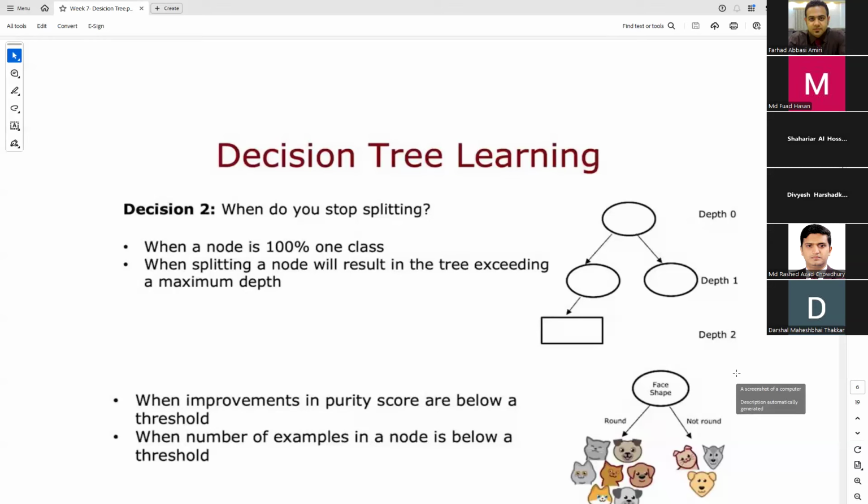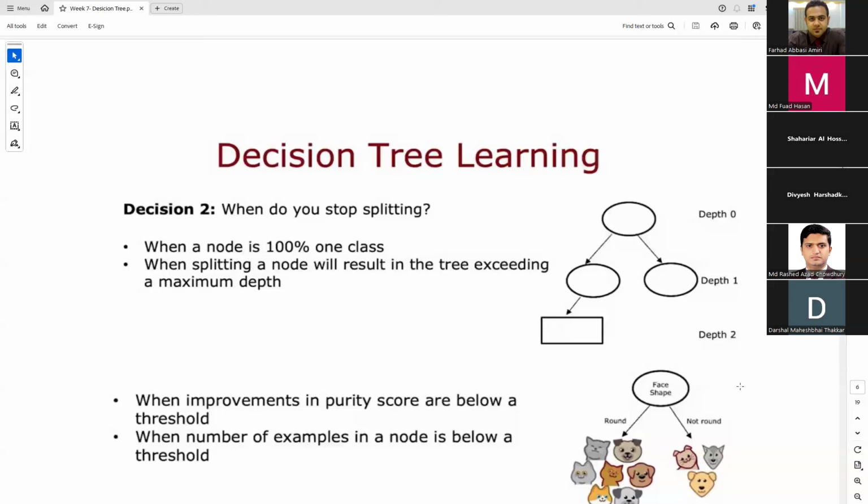But when should you stop? When can you realize that, for example, I should stop my decision tree at depth 2? Because you cannot go to infinity. You cannot make your decision tree too large. When your decision tree is too large, you are exposed to the risk of overfitting.